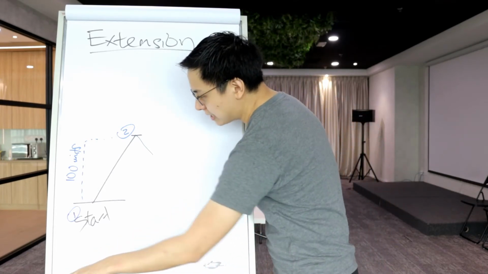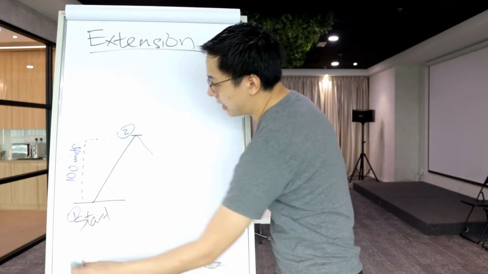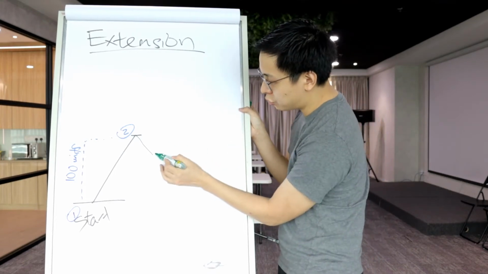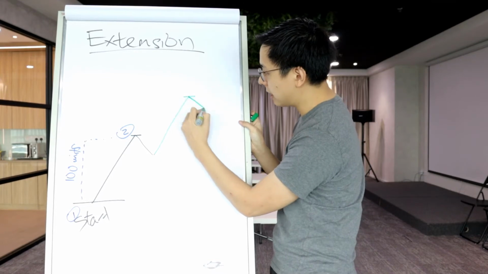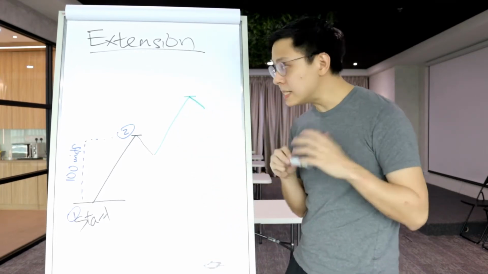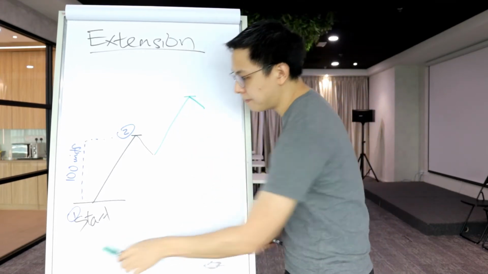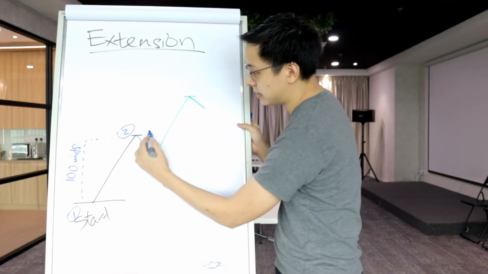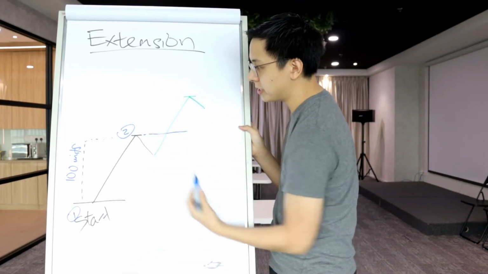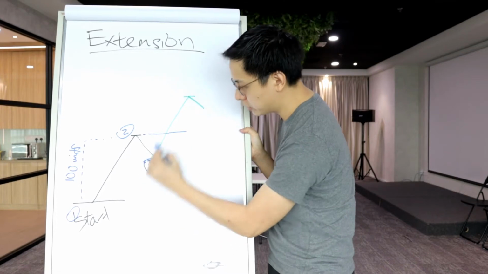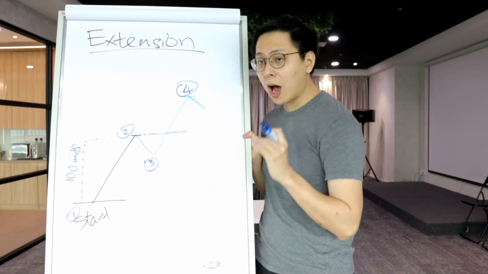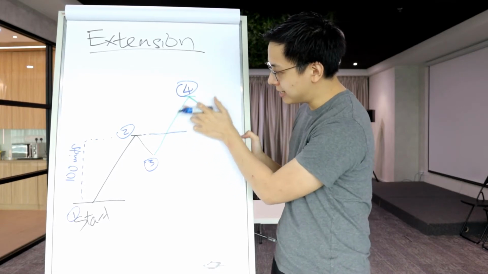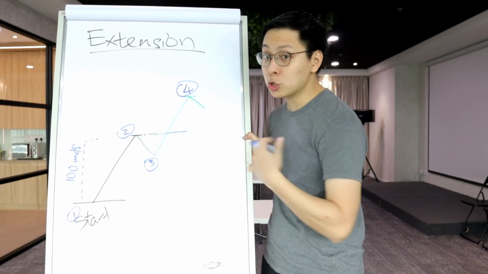Let's give an example: price starts to move off, stalls here, and we see another retracement. From where it has taken a break, which is at point 2, this is point 3, and of course this is point 4. We want to understand, from 3 to 4, how much in proportion has it extended beyond point 2.